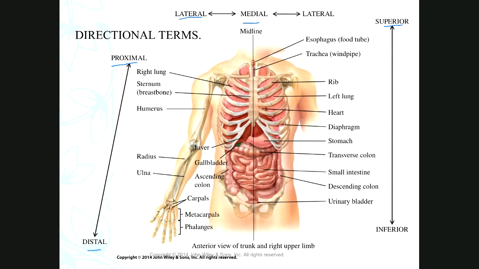So, for example, the urinary bladder is inferior to the stomach, correct? Or the heart is medial to the lungs, correct? Or the lungs are lateral to the heart. The carpals, or the wrist bones, are distal to the elbow, or the shoulder is proximal to the elbow.